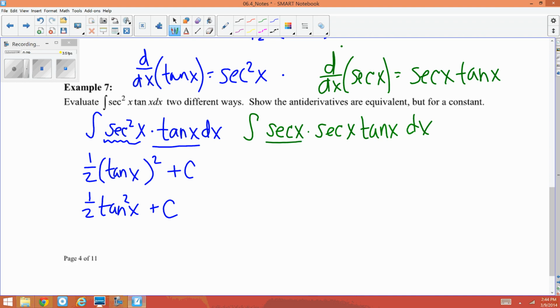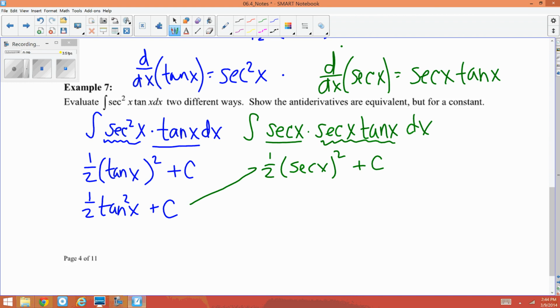Well, then this is the function I'm trying to take the antiderivative of, and this is taken care of by the chain rule. All right, so the integral of secant of x to the 1 would be secant of x, add 1 to the power, divide by the new power.